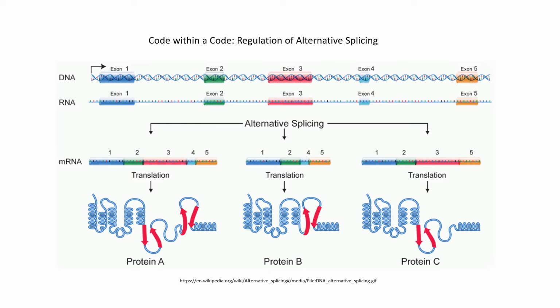Now, is this process happening haphazardly? No, of course not. It is a very tightly regulated process. And where does the information for this come from? Once again, it comes from the DNA.